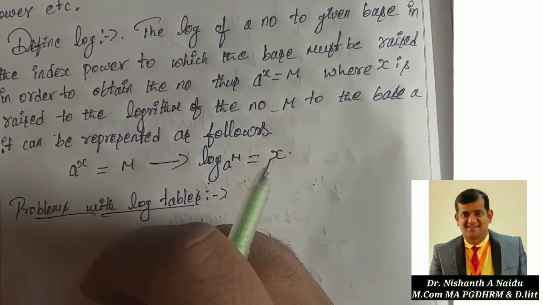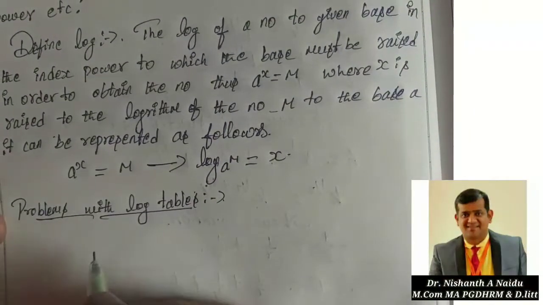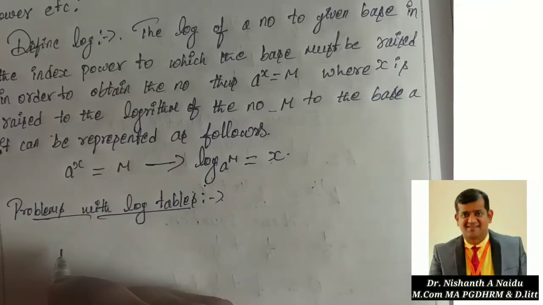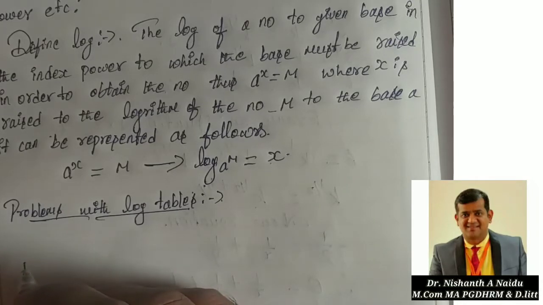Usually, whenever you determine the log of any natural number, the base value will be given. If there is no specific indication about the base, then we have to find the log of that number through the log table.